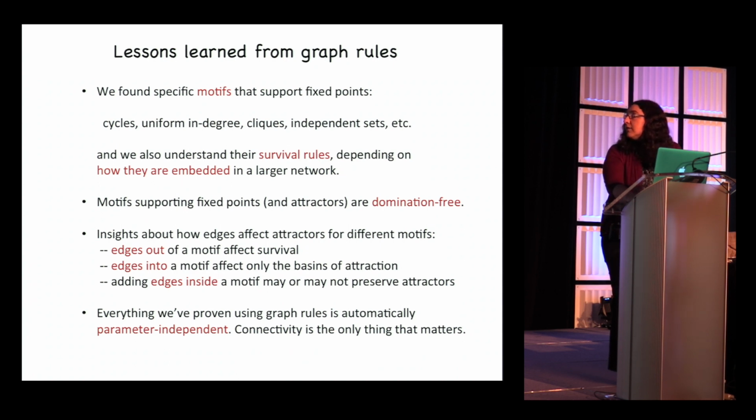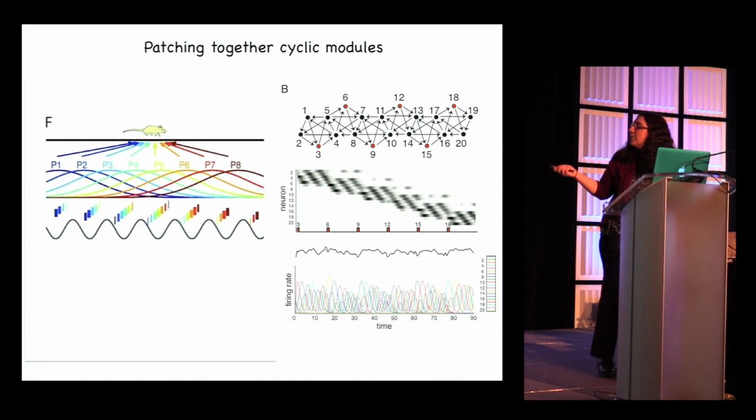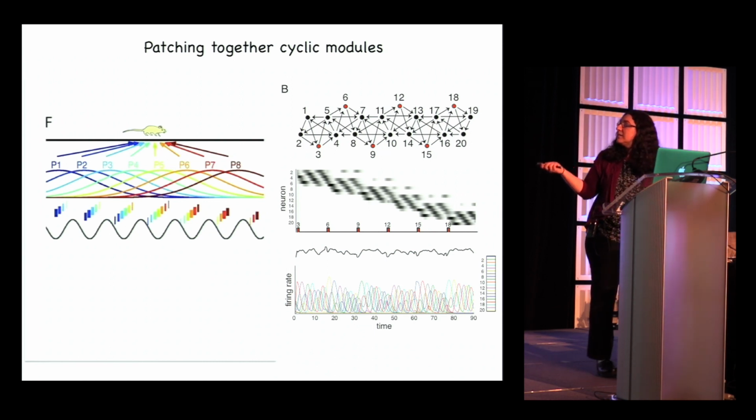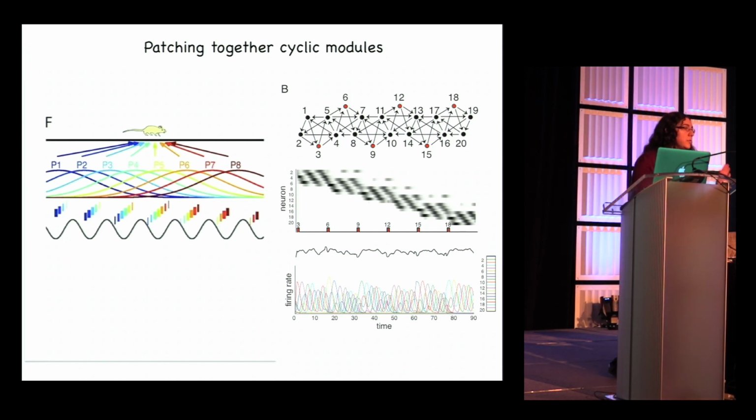All right, and I've already talked about the parameter independence. So I have like 1 minute, so let me show you some applications really quickly. First, I want to go back to this hippocampal place cell thing. One of the things that I wanted to do was make a network from this toy model. Obviously, many people have made networks with phase precession, and I don't pretend to compete with all those models.